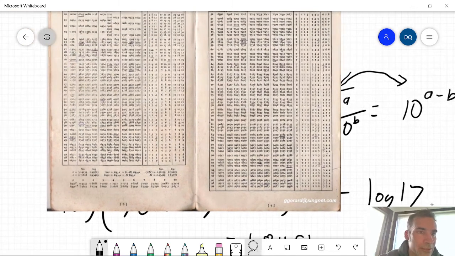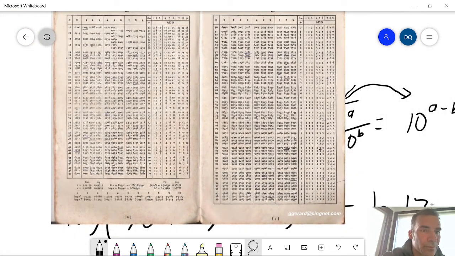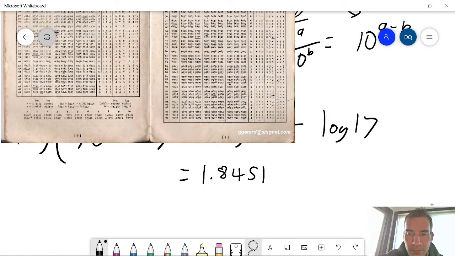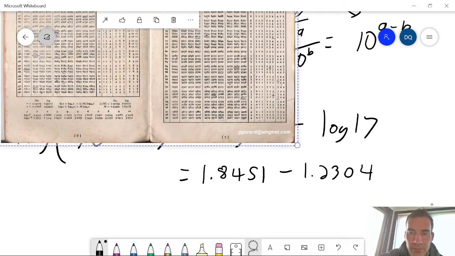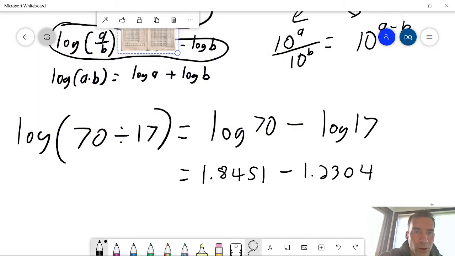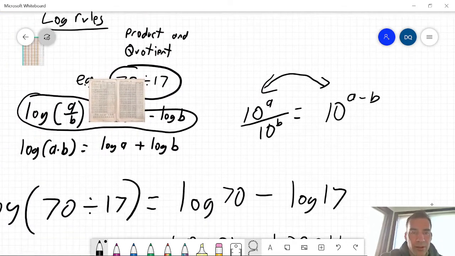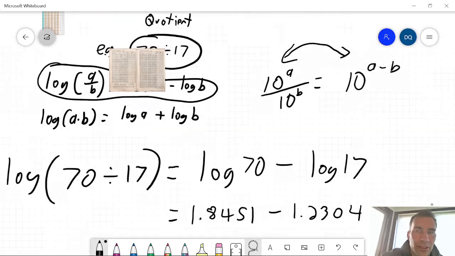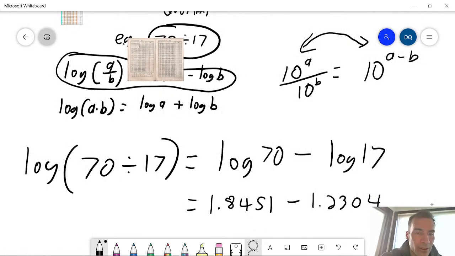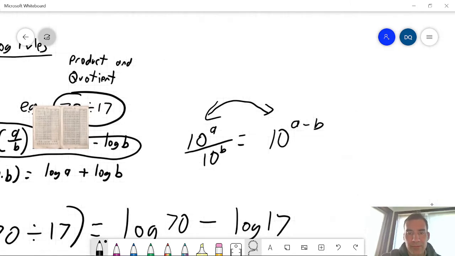The log of 17 is 1.2304. Okay, so I've taken the computationally costly problem of 70 divided by 17.